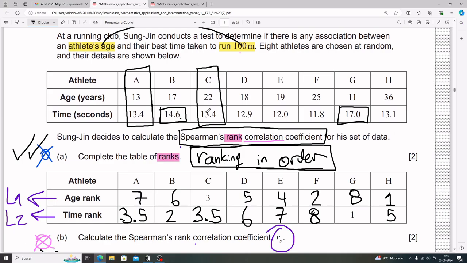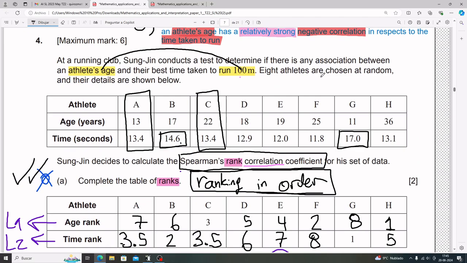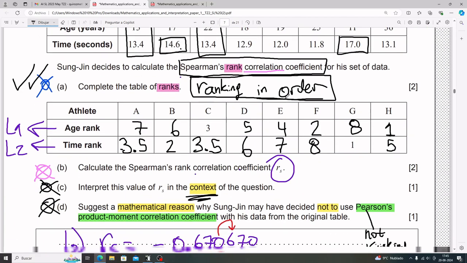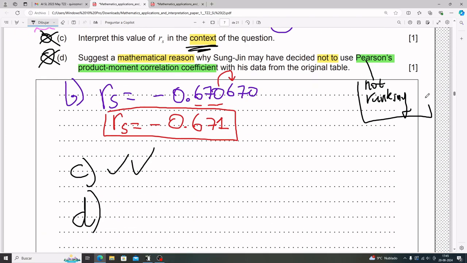And the other one is basically not ranking. Okay? I know that this is a very fancy buzzword: Pearson's product moment correlation and Spearman's rank correlation coefficient. I know this is stuff that is kind of hard to remember. So what I suggest is remember that for correlation, one of them is ranking in order, while the other one is simply not ranking.